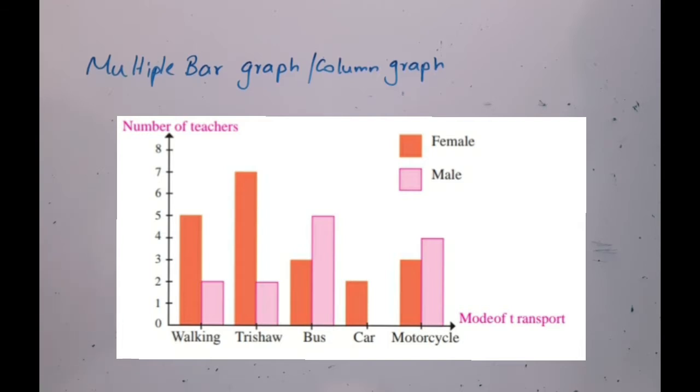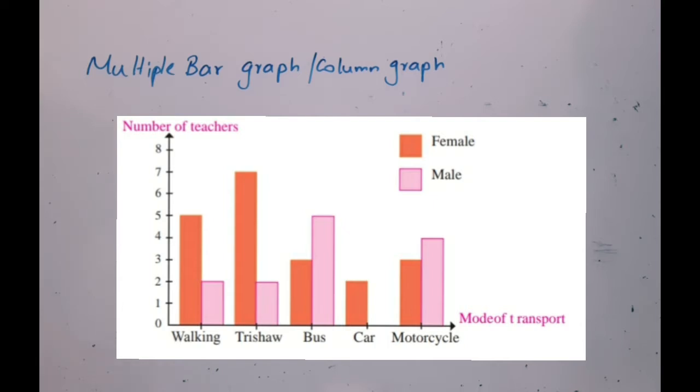The orange bars denote the number of females and the pink bars denote the number of males. The mode of transport has been collected among teachers, and among teachers there are male teachers and female teachers. Rather than drawing 2 different graphs, they have combined the information into one graph. This is known as a multiple bar graph.